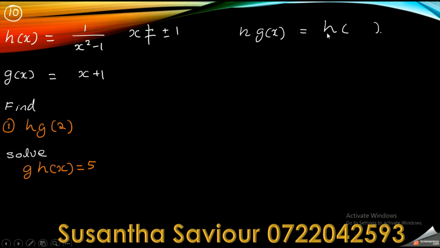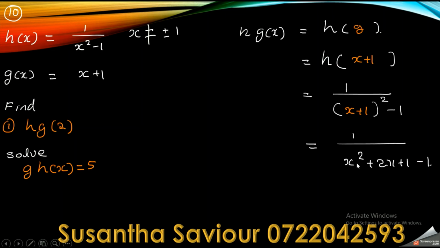hg: inside the function h, you apply g, right? g is x plus 1. So inside the function h, you apply x plus 1. So this x is replaced by x plus 1, right? Like this. And then you can open this bracket.